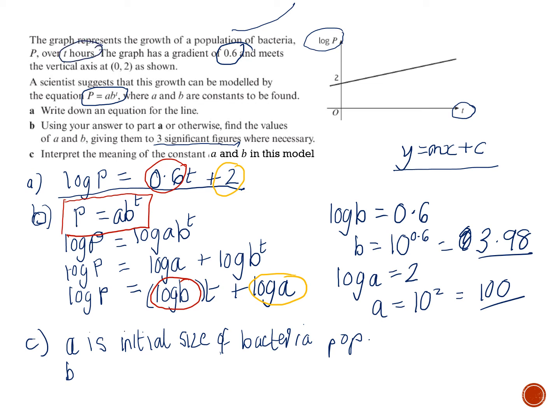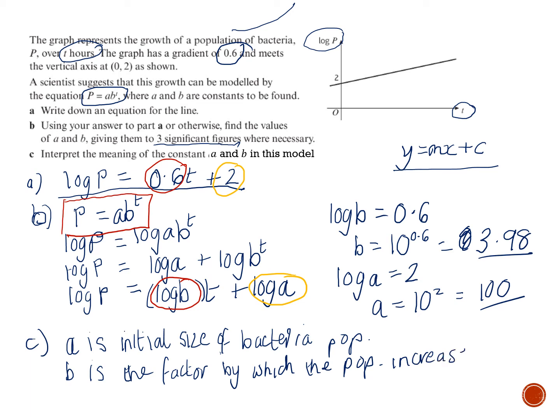So B is the factor by which the population increases.